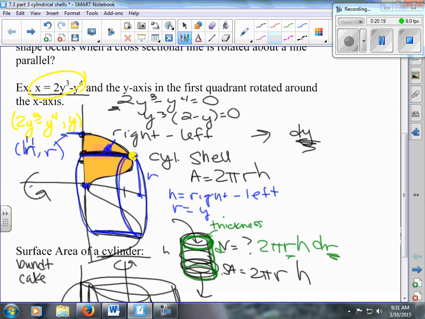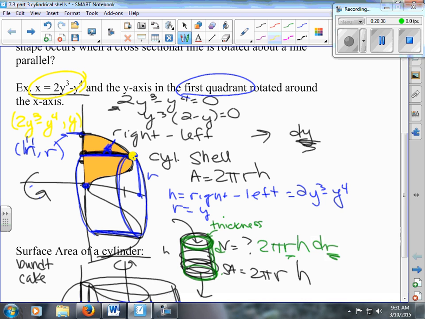Okay, so r is y, h is right minus left. And what is right minus left here? Yeah, 2y cubed minus y to the fourth, because I'm in the first quadrant, minus 0, because the left is the x-axis.